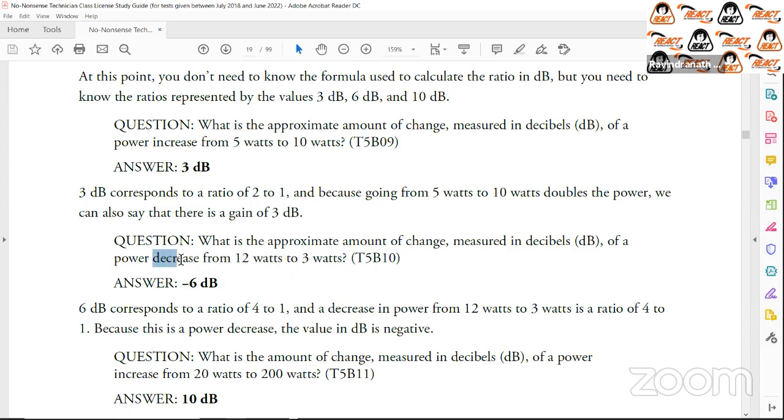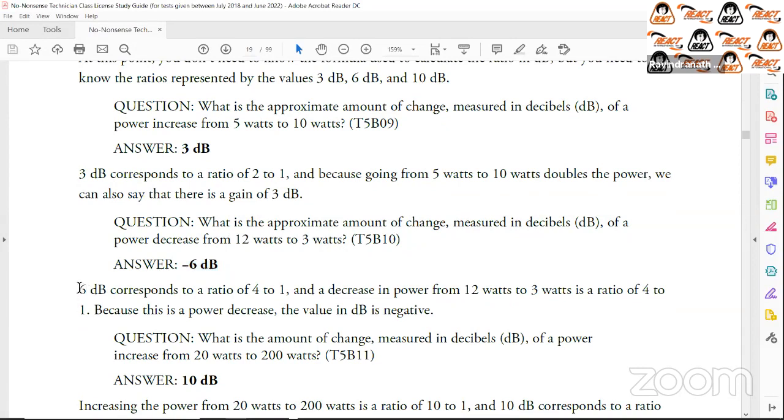Because it's a power decrease. If it were a power increase, going from 3 watts to 12 watts, then it would have been 6 dB. But because we are decreasing from 12 to 3, we are dividing by 4, which is a quarter, or a ratio of 4 to 1. We get minus 6 or negative 6 dB.